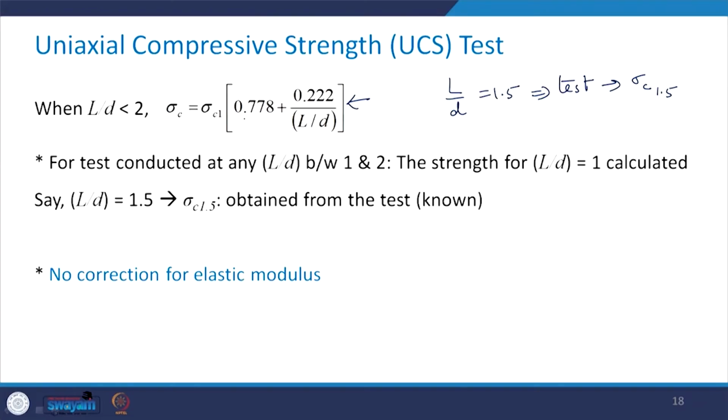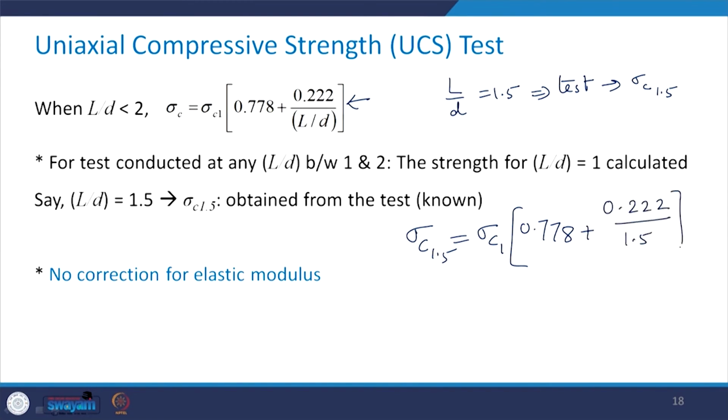Okay. So what is done? First I will use this expression and find out sigma C1. See how this is done. I can write it like this: sigma C at 1.5 is equal to sigma C1 multiplied by 0.778 plus 0.222 divided by 1.5.